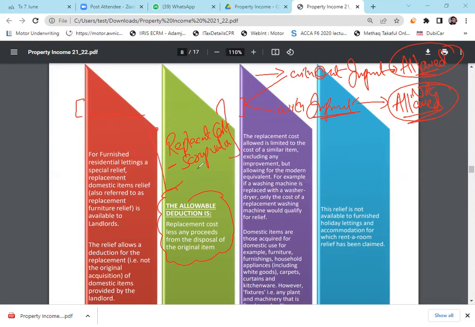Replacement cost will be given to you. You will take the replacement cost and deduct the scrap value from it. Then you will get an amount which is an allowed expense. This is replacement of asset relief. Any questions?